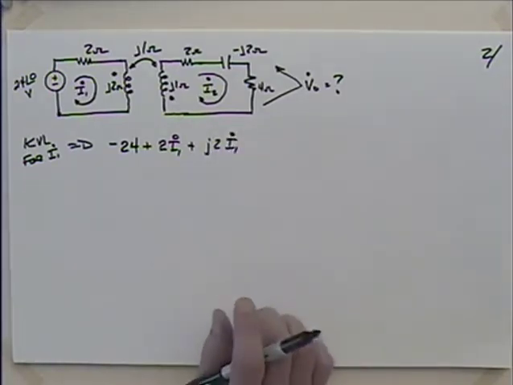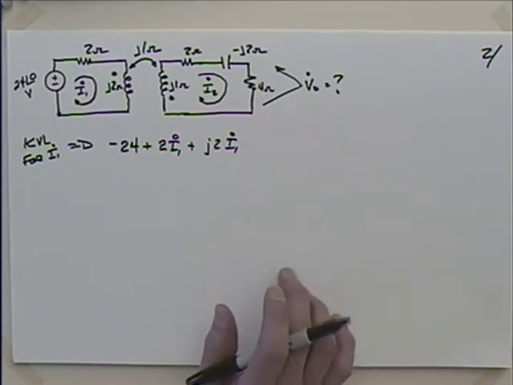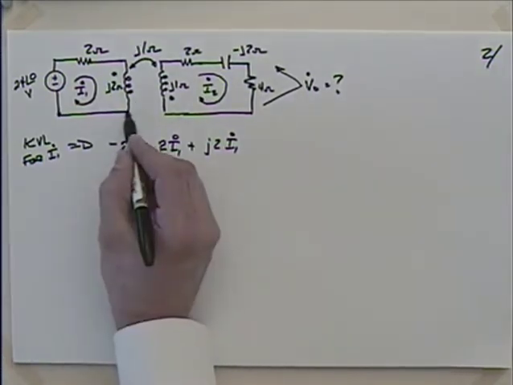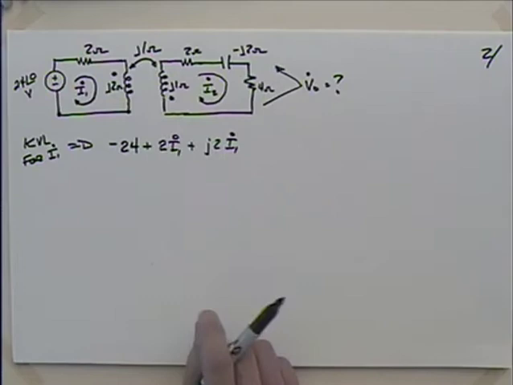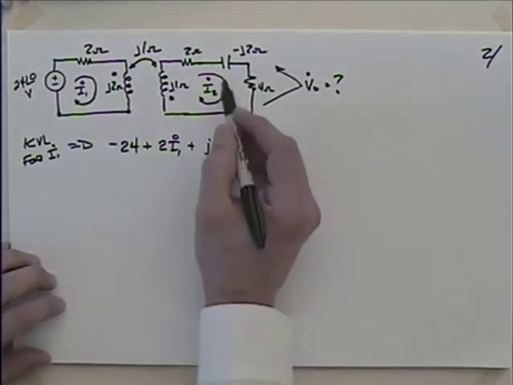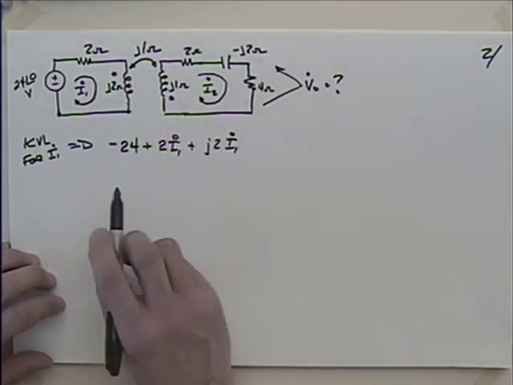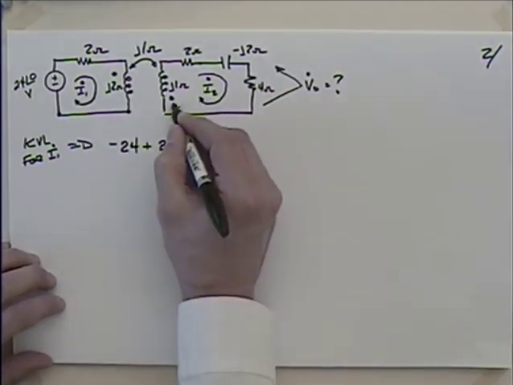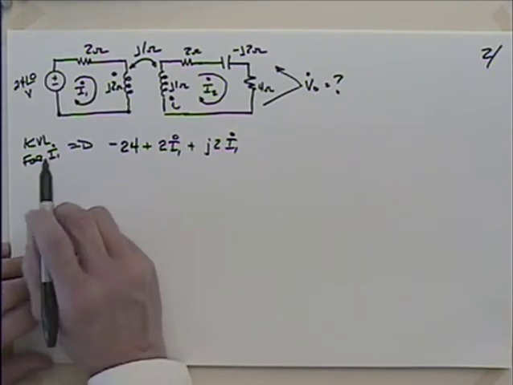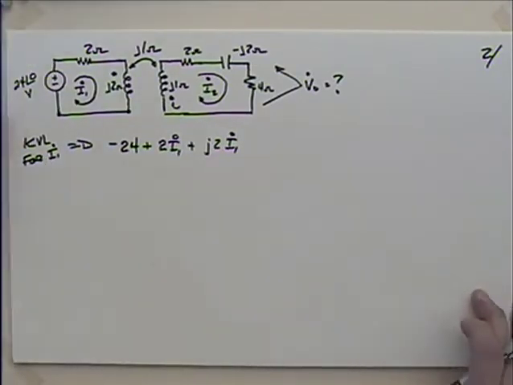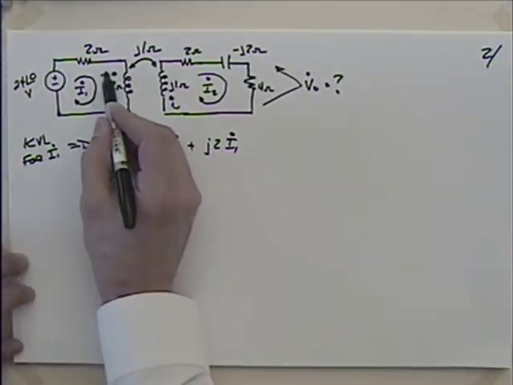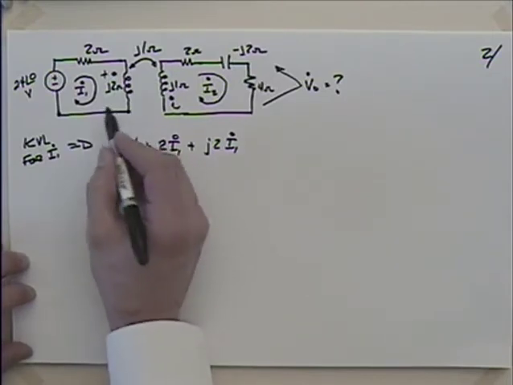Okay. So far, so good? And that would get me back to here. If I didn't have to worry about this silly mutual term, I would be done. I'd set that equal to 0, but I do have to worry about the silly mutual term in that this current I2 induces a voltage over here. And because I2 enters the dotted terminal, how's that voltage going to be induced in the primary? Positive at the dot, isn't it? And negative down here.